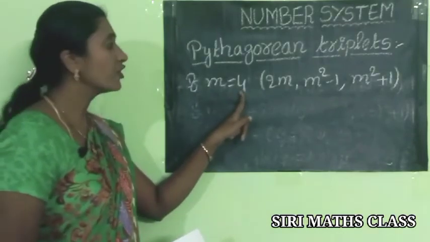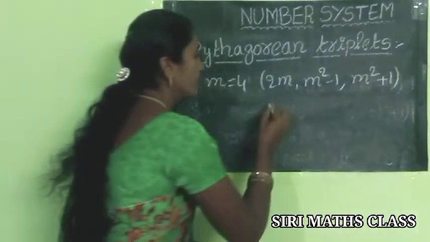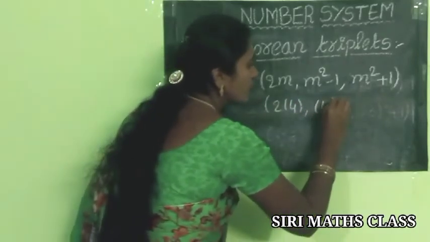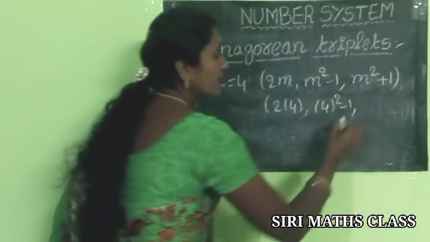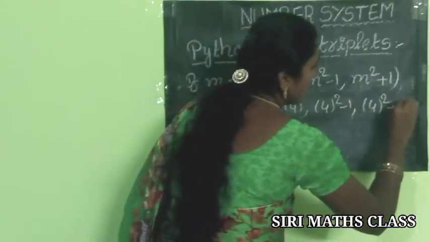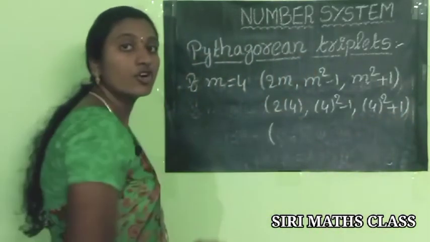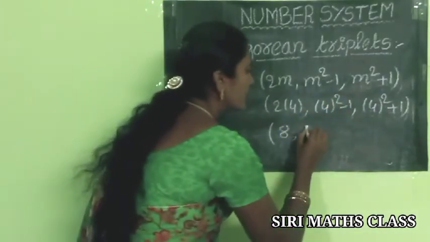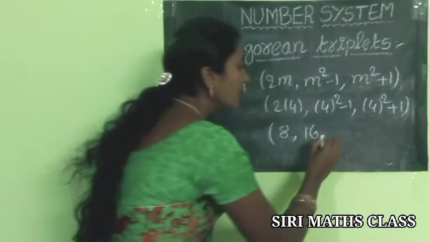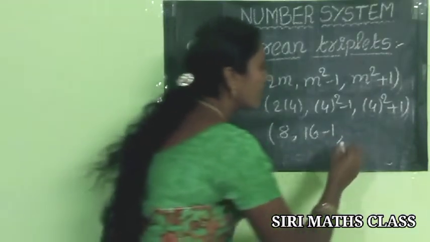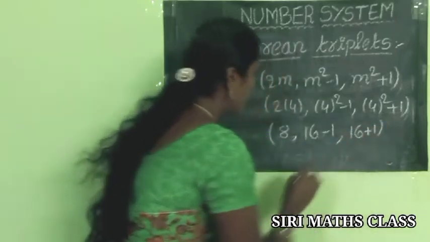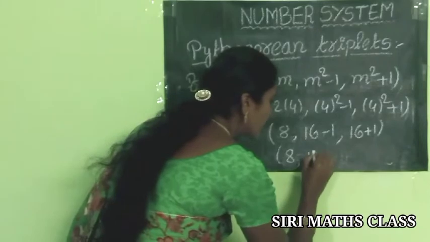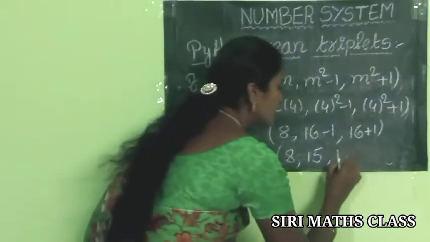Here m value is 4, so substitute m as 4. 2 into 4, and 4 square minus 1, 4 square plus 1. 4 2s are 8, and 4 square is nothing but 4 into 4, 4 4s are 16, minus 1, and 4 square value is 16 plus 1. 8, 16 minus 1 how much? 15, and 16 plus 1 is 17.